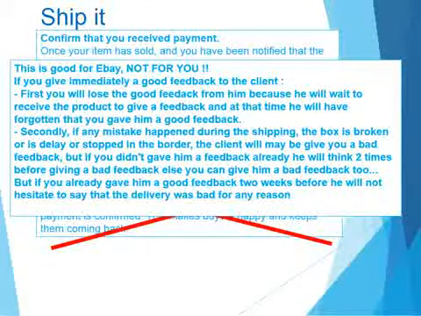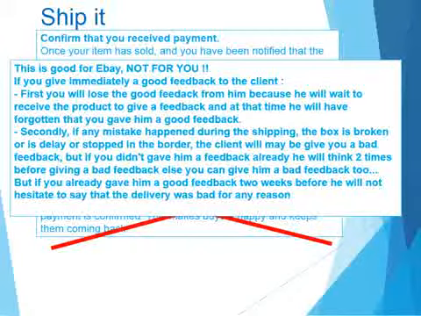But if you haven't put a feedback yet, he may still be upset because the border stopped the product, or because the box was damaged during shipping. If people are upset, they will want to leave feedback. He will say, I'm upset because the box is damaged, and he will see that you still didn't give a feedback.